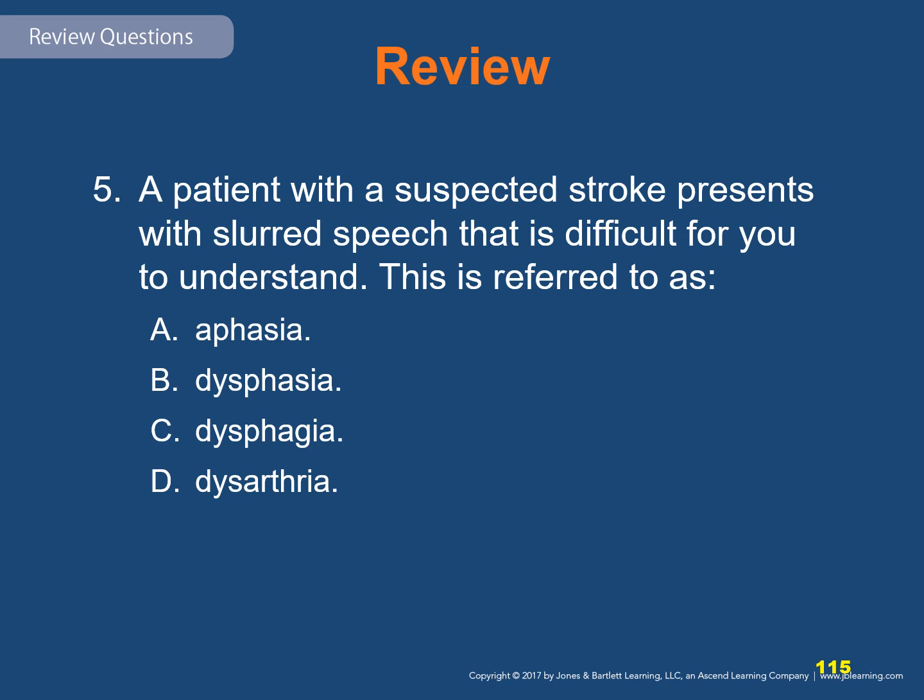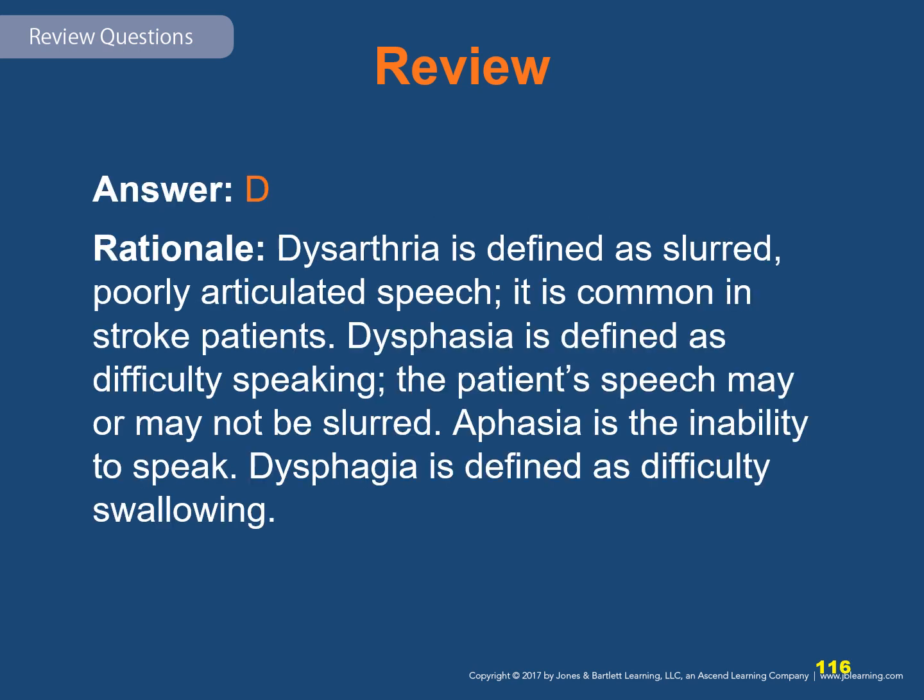Which of these words has a definition that matches this suspected stroke patient? It is D. Dysarthria is defined as slurred, poorly articulated speech. It is common in stroke patients.